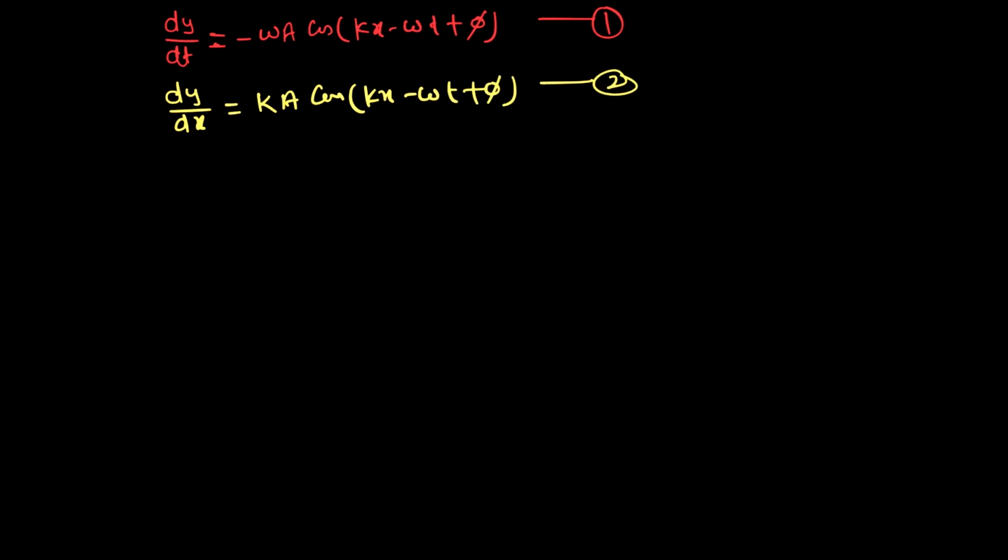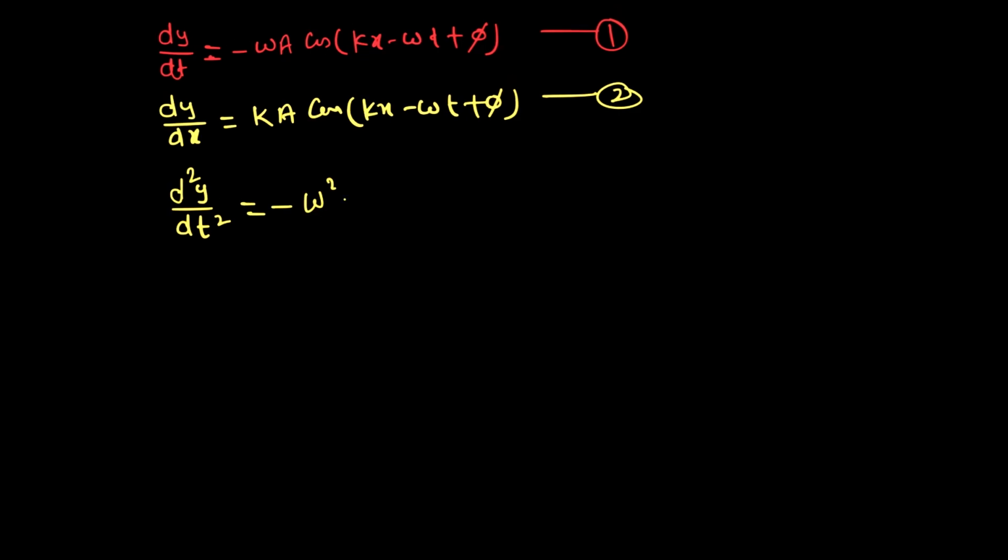That is the second equation. Now once again if I differentiate the first equation, I get d square y by dt square equal to minus omega square a sin(kx - omega t + phi), since the differentiation of cos(kx - omega t) will be minus sin, with one more minus multiplied. Actually three minus signs are multiplied, so finally I get minus sin.